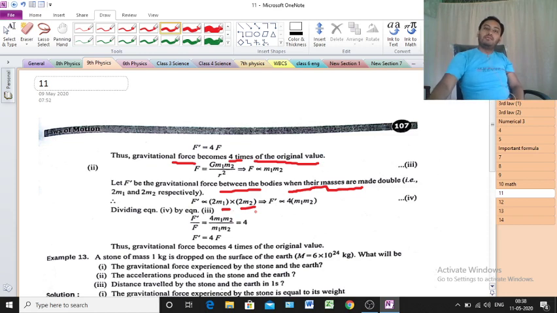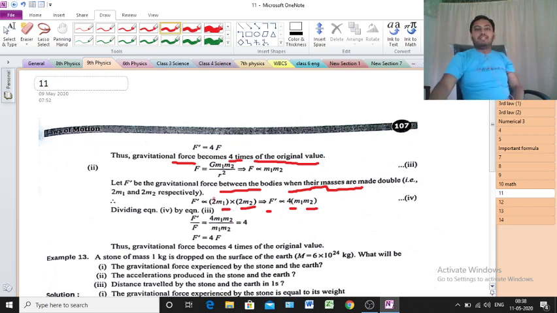Clear? Just put this, 2 multiplied by 2, the answer will be 4, so F prime proportional to 4 m1 m2. Is it clear or not? Tell me. So F prime proportional to 4 m1 m2, initially F proportional to m1 m2. Clear?